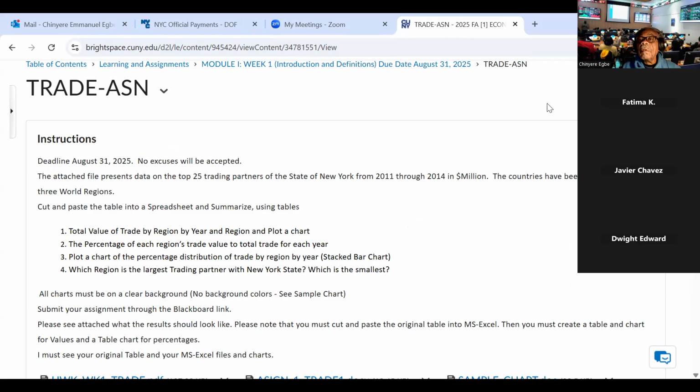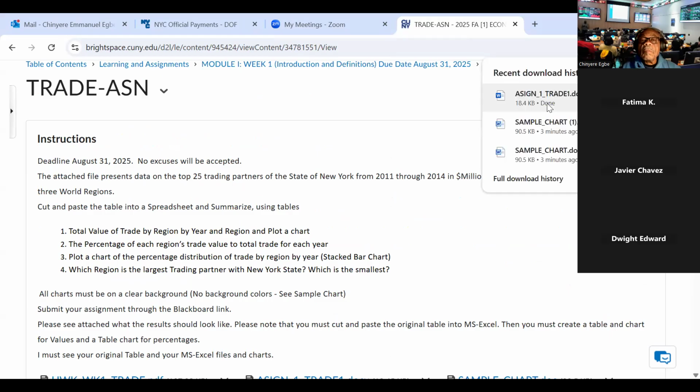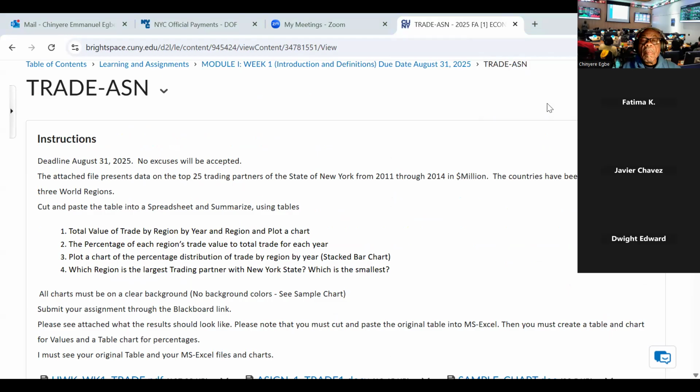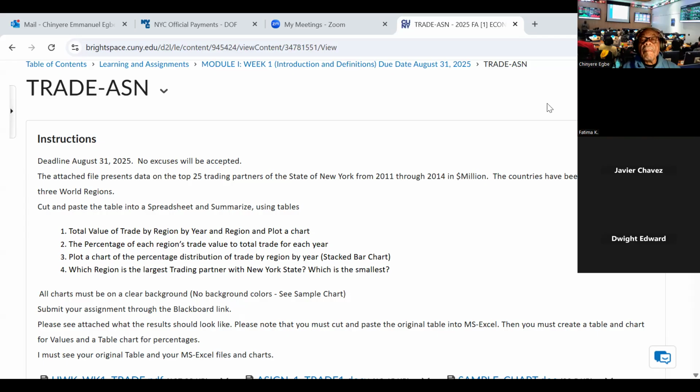So what are you seeing? We can't see the chart. You see a table? No, we still see Bright Space.